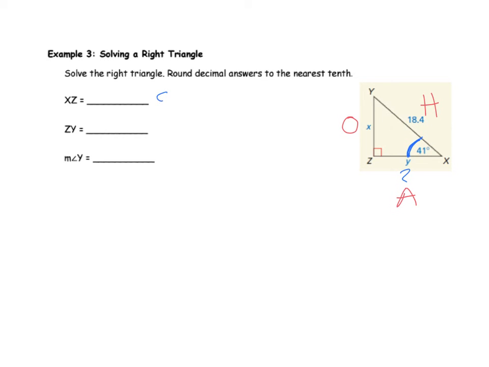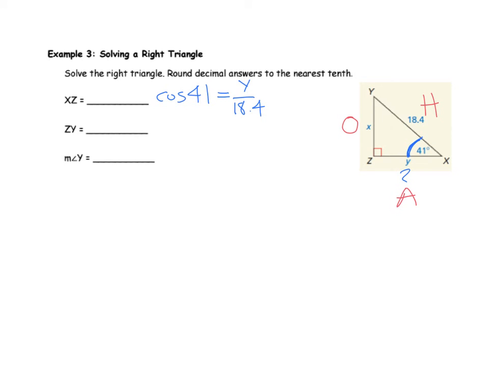So cosine of 41 degrees, notice I'm not using inverse here because I'm not looking for the angle. So cosine of 41 degrees equals adjacent over hypotenuse. All right, so we're going to cross multiply.